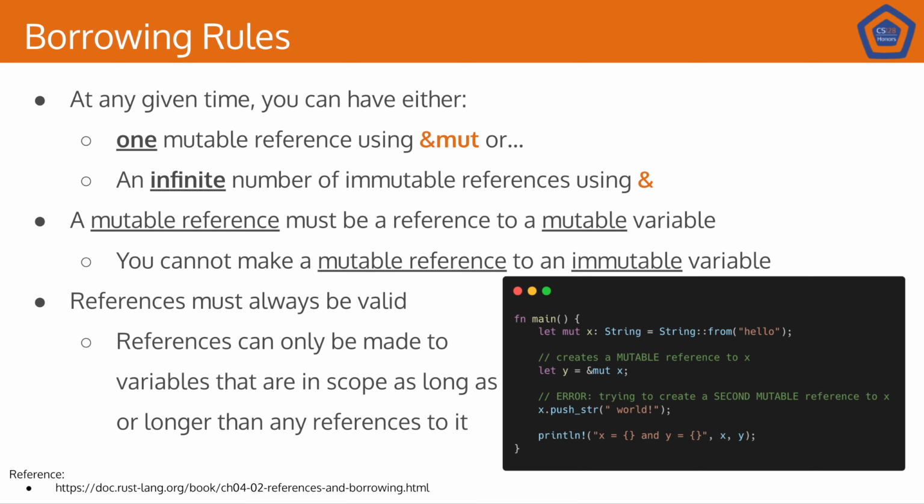But when you're calling a function on x, when you're saying push string, this function is also trying to take a mutable reference to your data. It's trying to mutate the original data, push some characters onto it. So therein lies the problem. We're trying to take two mutable references, and this is illegal. You'll get a compile error here. This function call is trying to take a second mutable reference to x, and so this will not compile.